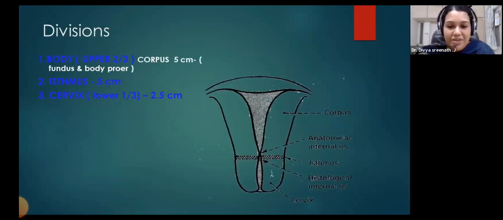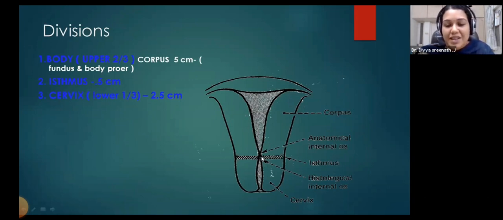The uterus is divided into three parts: the body of the uterus, the isthmus, and the cervix. The body is again divided: corpus means the fundal area, that is the area above the opening of the fallopian tube, known as the fundus, and below that it is known as the body proper.